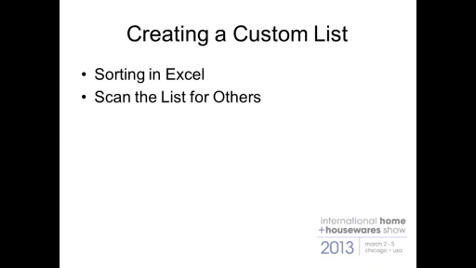One other trick that you might want to use in sorting the list, particularly if it's a custom sort for yourself, is to create a new column in the far left of the spreadsheet once you drop it down.